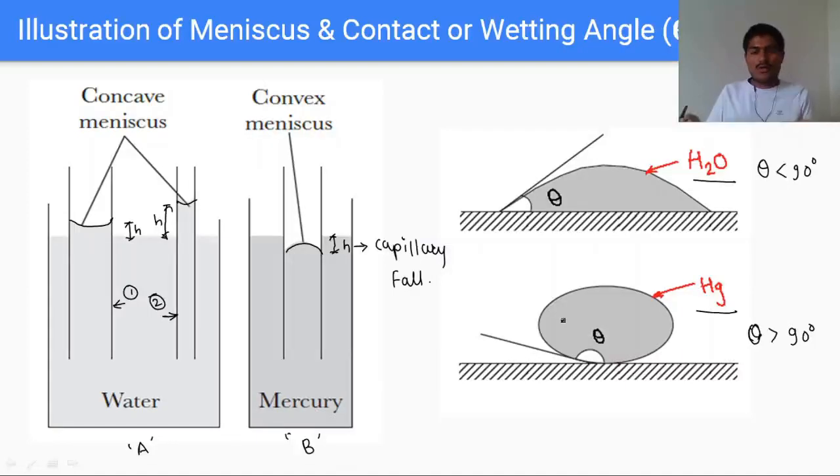But if we consider the example of a water droplet, of course we can feel our skin has got wet. So this is the difference between water and mercury. So this is all because of the one principle, one property, that is capillarity. Okay, so this discussion is all about the capillary properties.